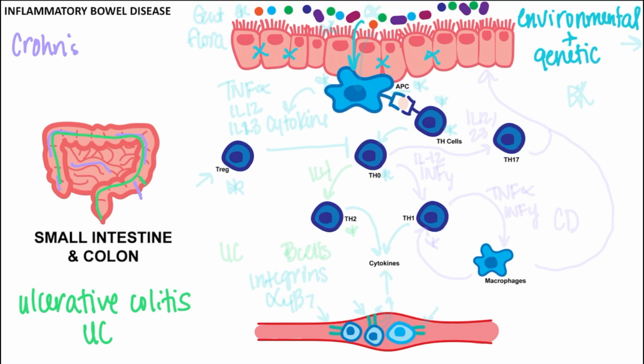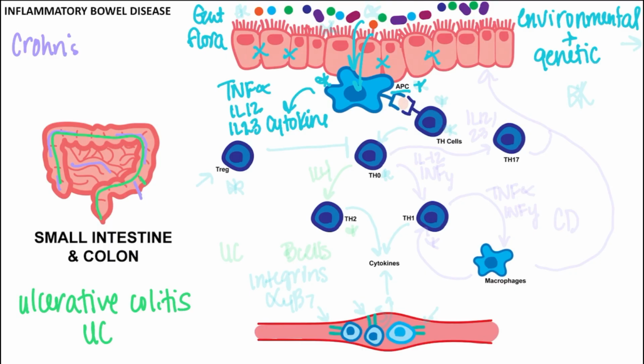This allows bacterial antigens from the gut flora, which may involve some level of dysbiosis, to interact with antigen-presenting cells, or APCs, like dendritic cells or macrophages, which will phagocytize the bacterial antigen originating from the gut and release a number of cytokines, like tumor necrosis factor alpha, or TNF alpha, interleukin 12, and interleukin 23, and others to promote inflammation and activate and recruit other immune cells.